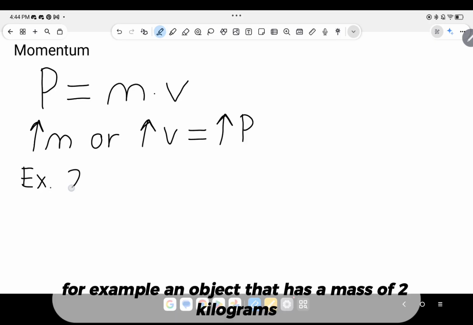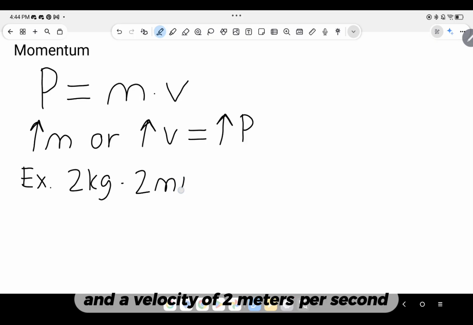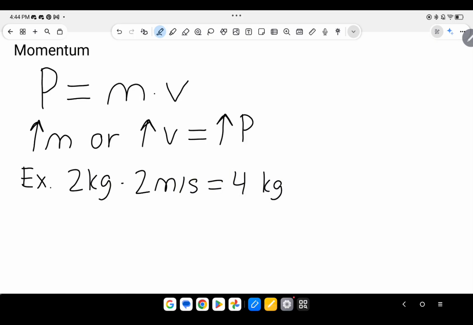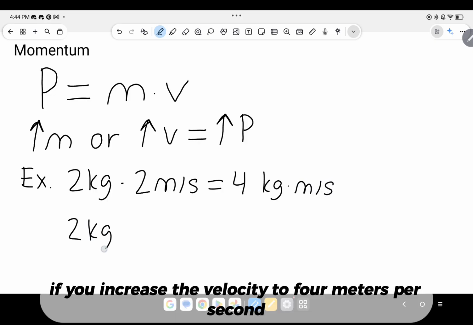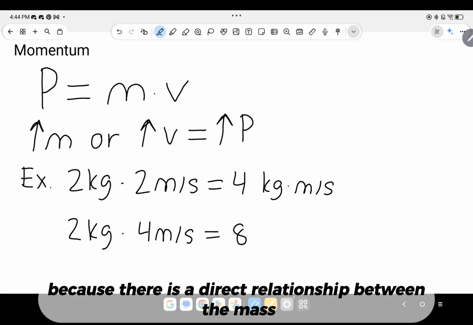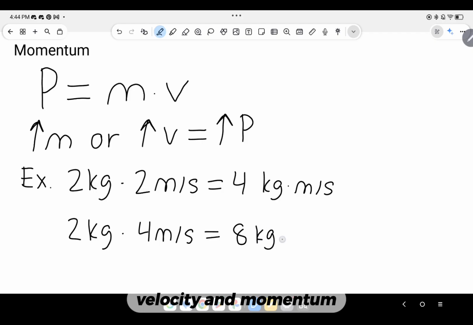For example, an object that has a mass of 2 kilograms and a velocity of 2 meters per second, the resulting momentum would be 4. However, if you increase the velocity to 4 meters per second, the momentum becomes 8, because there is a direct relationship between the mass, velocity, and momentum.